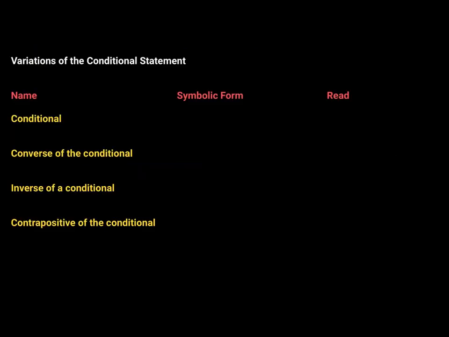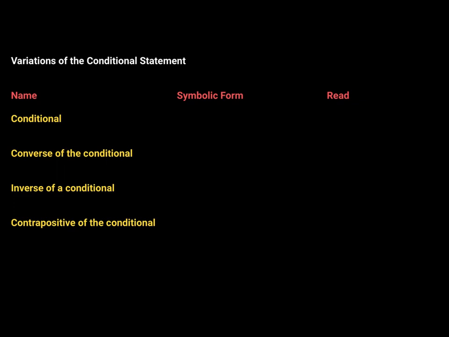Now, the following is very important. We take a conditional statement, if P then Q, and you can find other statements that are equivalent to it, and there are many. It's all about changing the antecedent or switching the antecedent and the consequent.